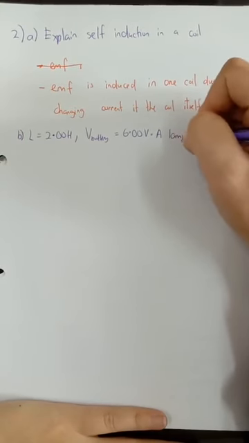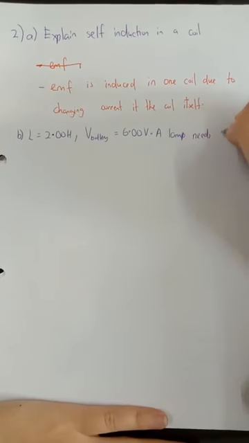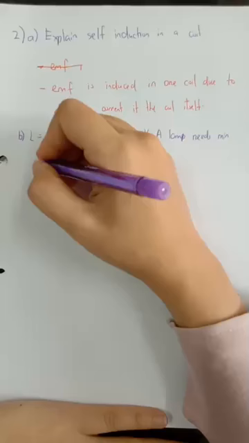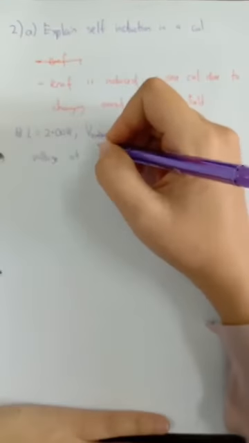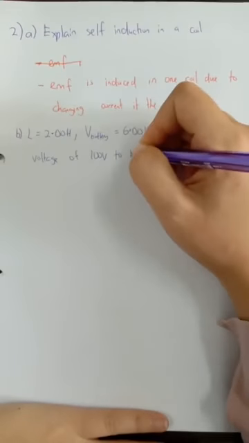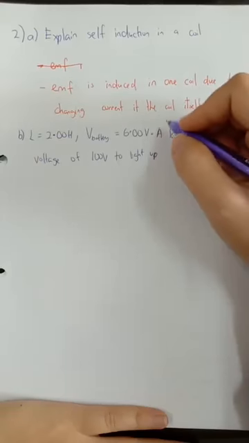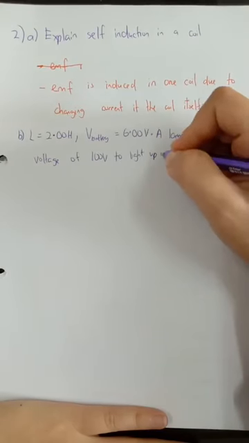A lamp needs a minimum voltage of 100 volt to light up.